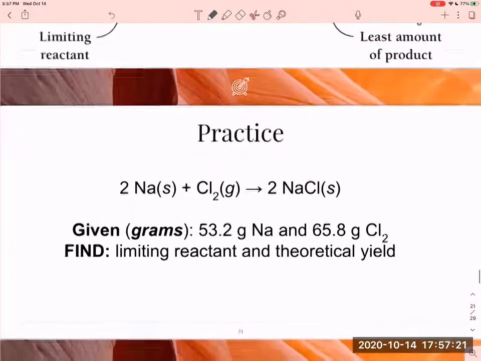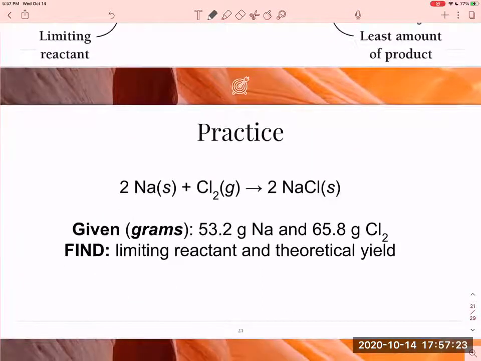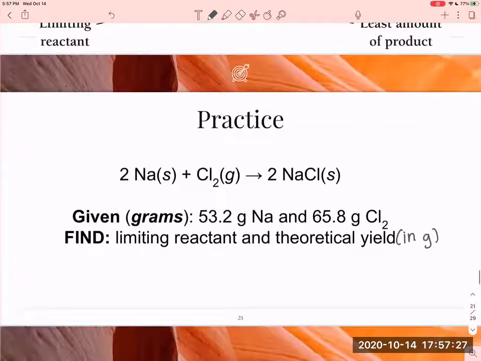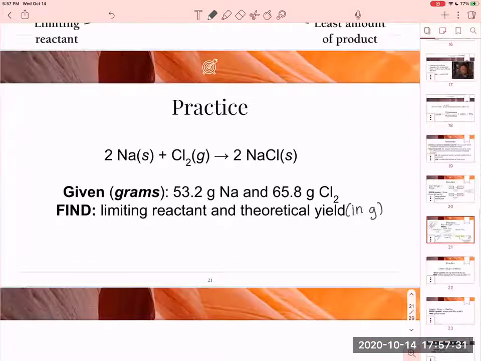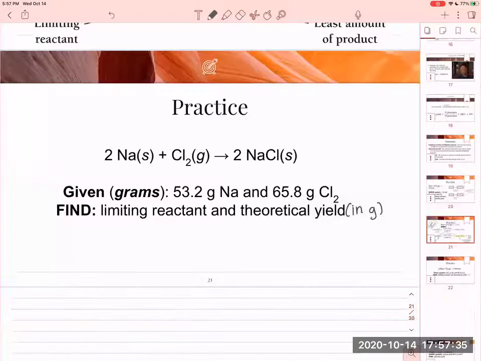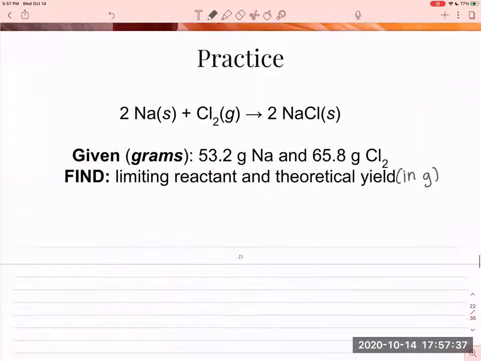So now try with mass. Find my theoretical yield in grams. So go ahead and pause and work that out. So add some places to work here. I'm not going to go through all of the tiny little pieces of how to organize this as far as your conversions and stuff, because y'all need to be able to do that at this point.